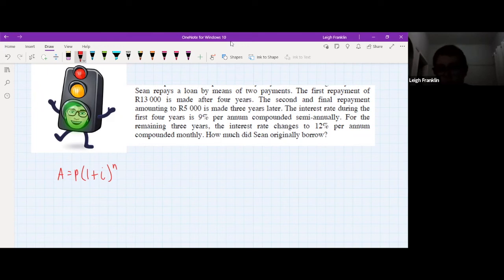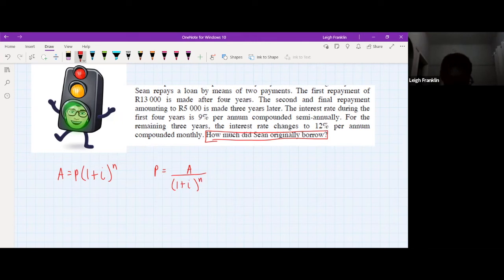When they ask us how much did someone originally borrow, in terms of this formula, what letter are they asking us to calculate? Yeah, the P. They want us to calculate the P, right? So if we make P the subject of the formula, we've got to take A and divide it by (1 plus i) to the n.